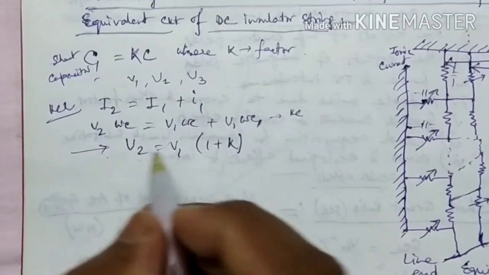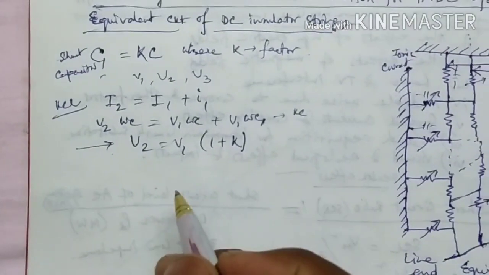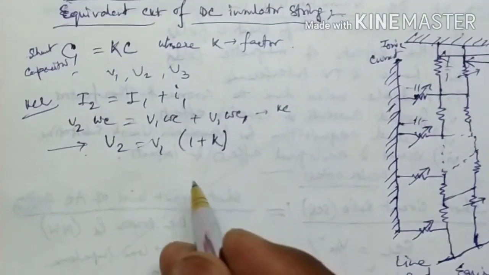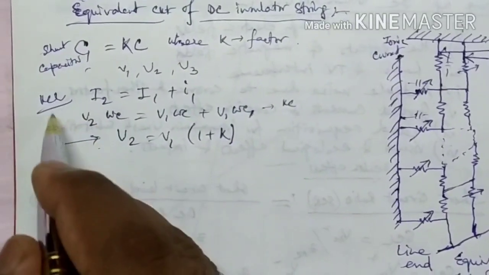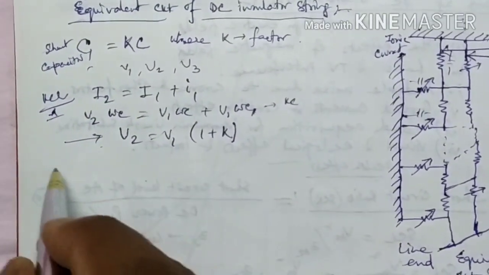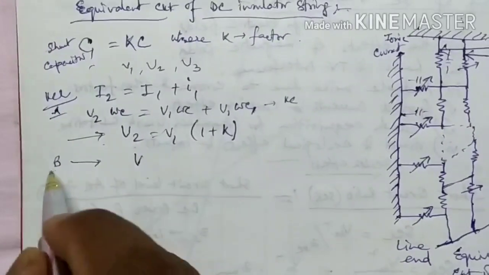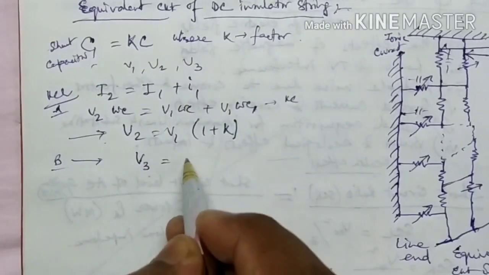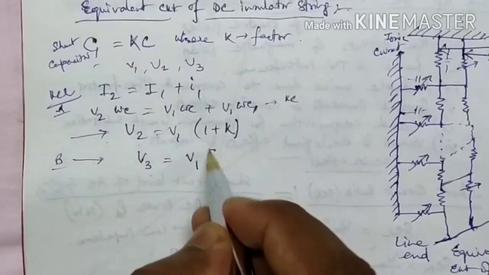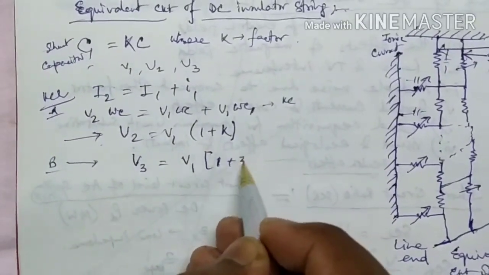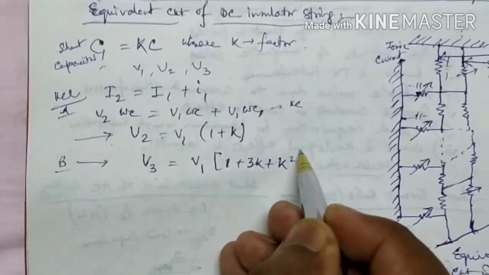That is similar to what we did in power system 1 calculus, string efficiency. So this is for node A and another for node B. The same result, that will be a similar process. So that will be V3 equal to V1 (1 plus 3K plus K square).